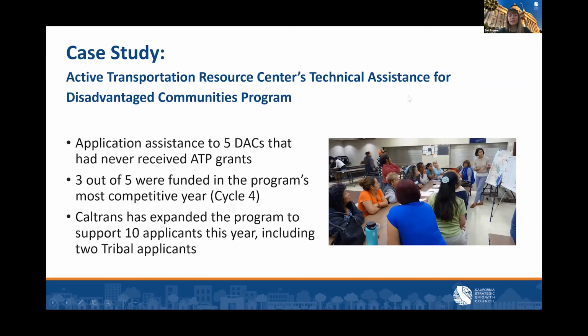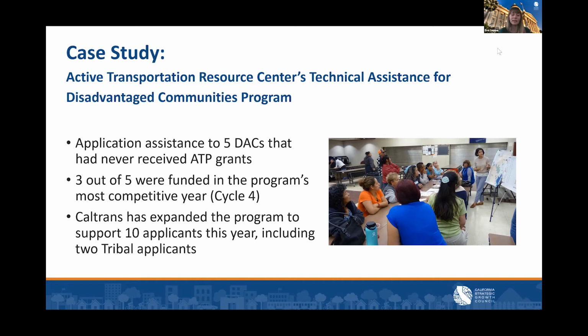The next case study is the Active Transportation Resource Center's Technical Assistance for Disadvantaged Communities program. And this one, we started out actually with doing a pilot in partnership with Caltrans. The Strategic Growth Council partnered with Caltrans to provide technical assistance to 5 disadvantaged communities that had never received active transportation program funding. 3 out of 5 were funded in the program's most competitive year, which was really, really great.